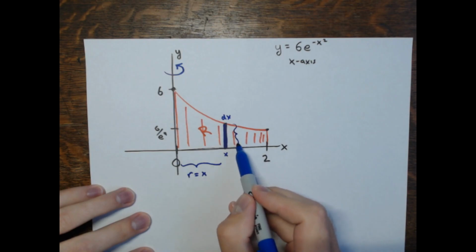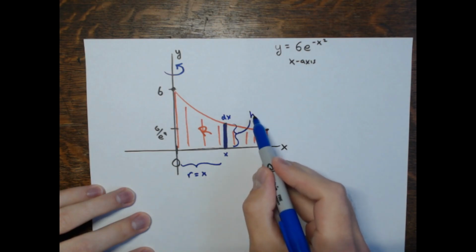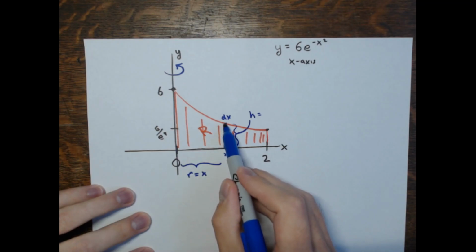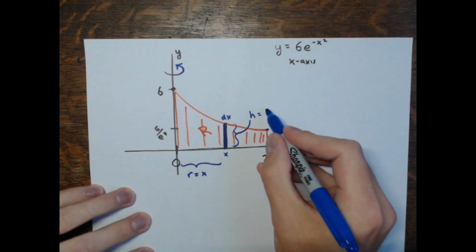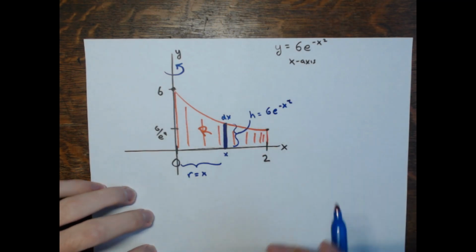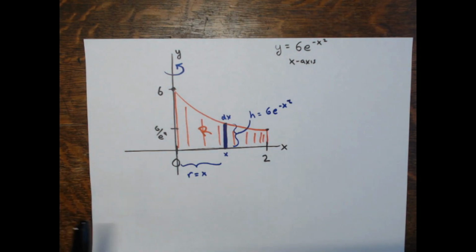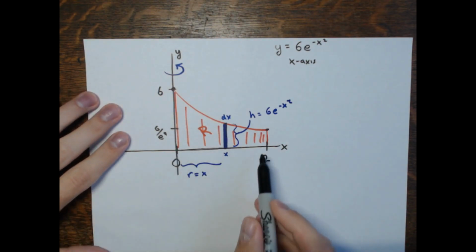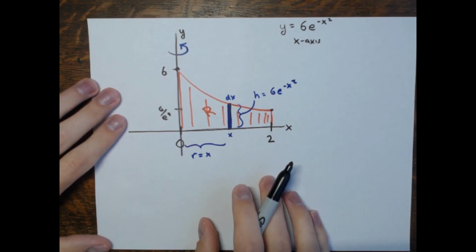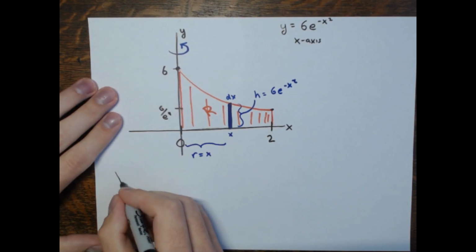And then the height is just the height of the rectangle, which is y equals 0 to y equals 6e to the negative x squared, if I want things in terms of x. So that'd just be 6e to the negative x squared. So I got the radius, I got the height in terms of x. I can find the volume of a shell, and then we'll integrate to find the volume of all shells, and therefore the volume of the solid of revolution.